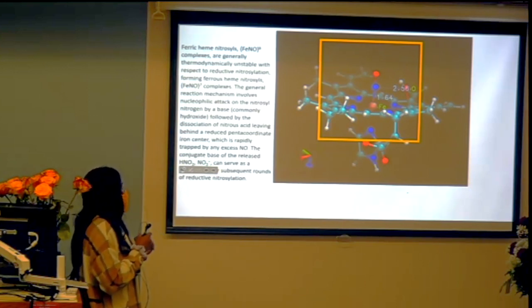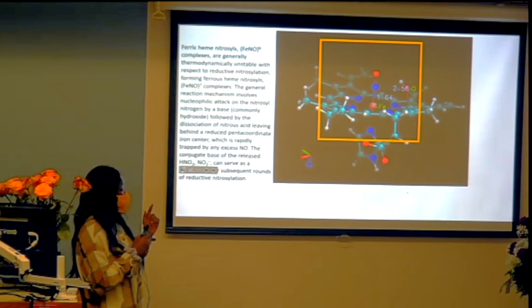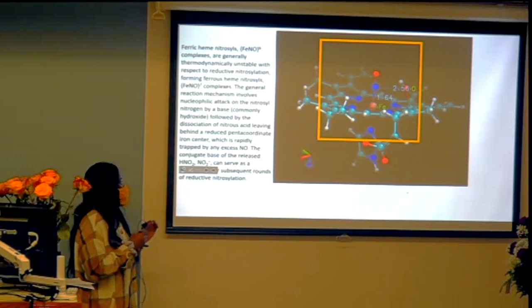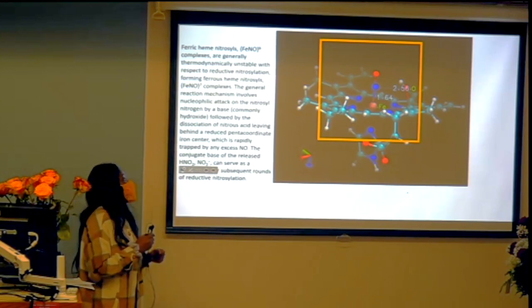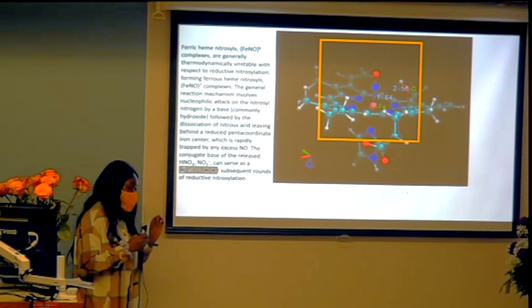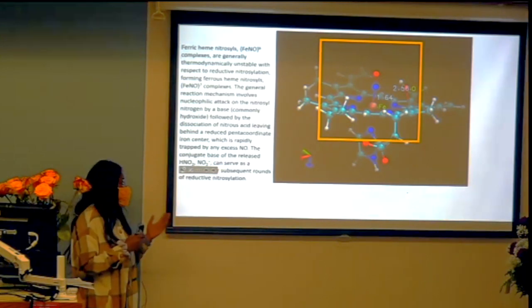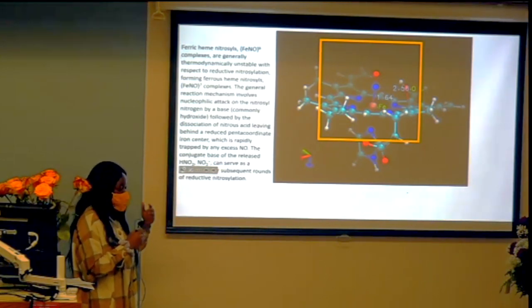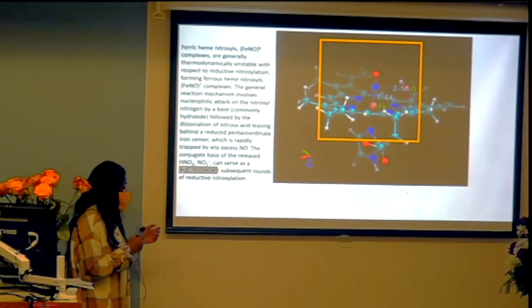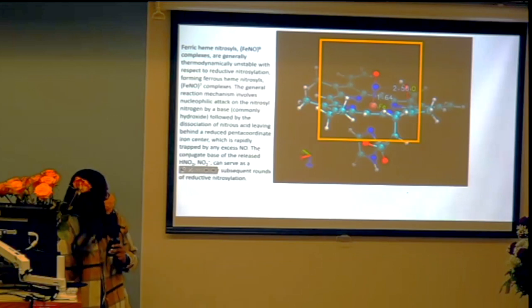Then that is followed by the dissociation of nitrous acid, leaving behind the reduced pentacoordinate iron center, which is rapidly trapped by an excess of nitric oxide. And then the conjugate base of the released nitrous acid, nitrite ion, then serves for subsequent rounds of reductive nitrosylation.